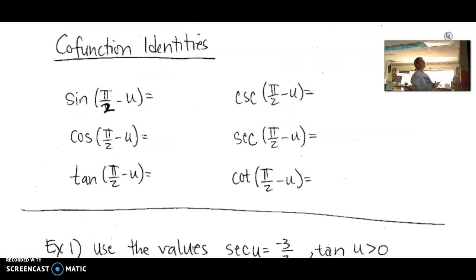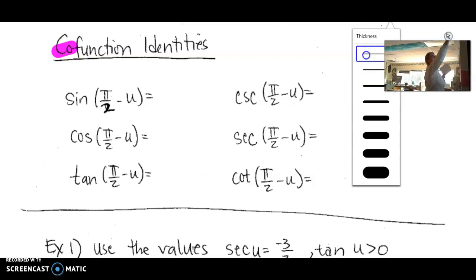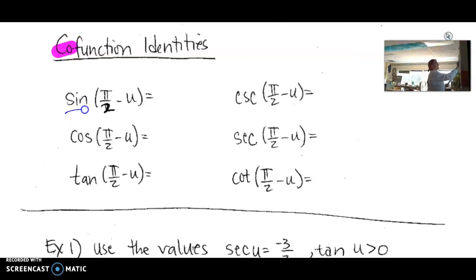Okay, so cofunction identities. That means the function that goes with the given function, which is kind of how you can remember it. If you have the sine of pi over 2 minus an angle, any angle, it will equal the cosine of that angle u.